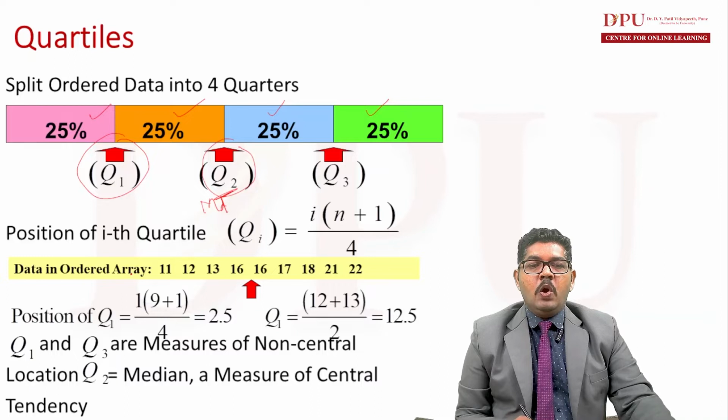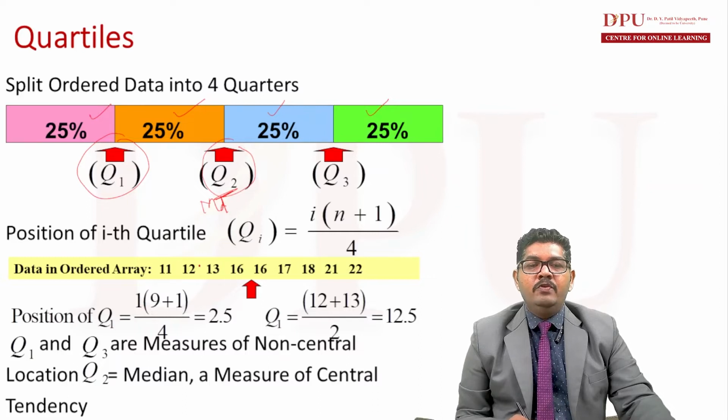So data is ordered in an array. This is the data we have: 11, 12, 13, 16, 16, 17, 18, 21, 22. Now this particular data is already arranged in ascending order. So first of all we will calculate Q1 and Q3 for these values. This is ungrouped data. So position of Q1, this i is equal to 1.